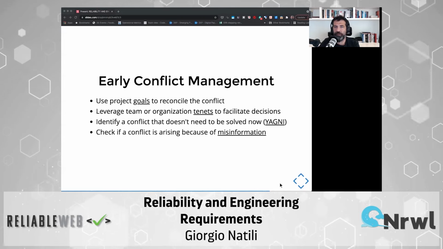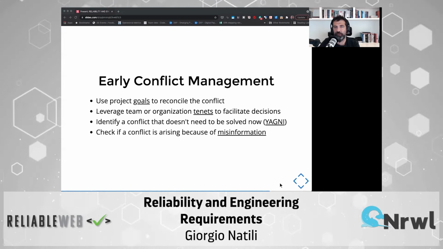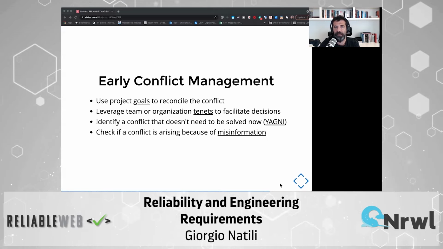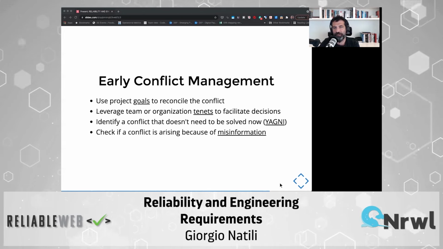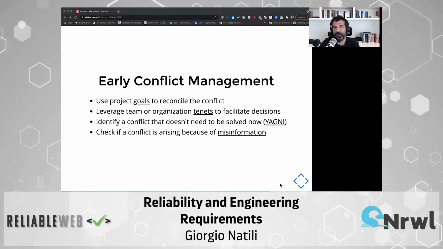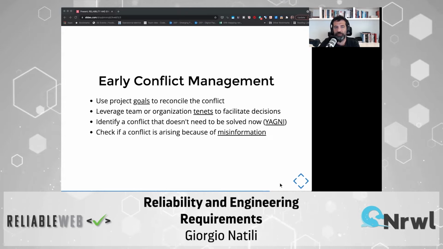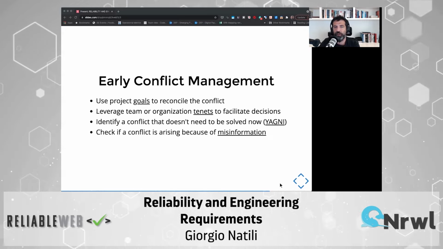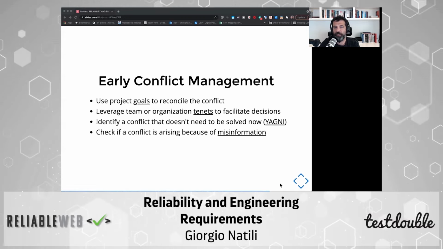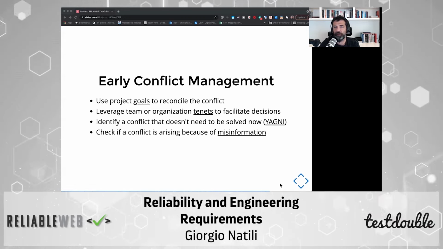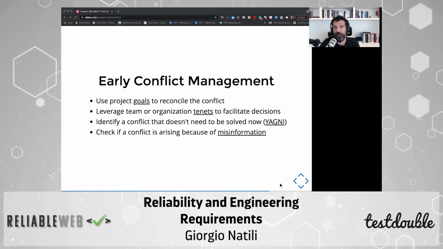You can leverage your team tenets and organization tenets and understand, for instance, if for you it's mandatory to be 99.9% up, well, that's easy to disambiguate any conflict around reliability and availability of your system. You can identify if a conflict does not need to be solved now, and you can check if a conflict is arising because of misinformation. It's very likely that this is going to happen.